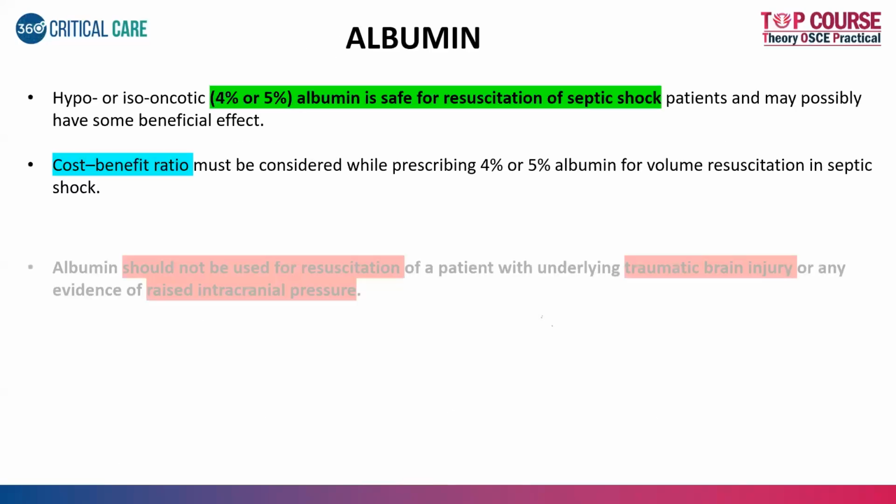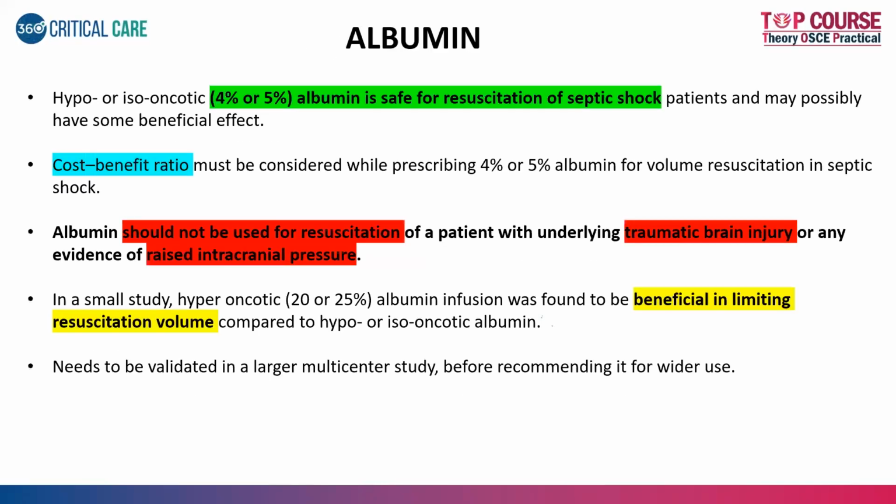Coming to albumin in fluid therapy, remember I told you earlier 4 to 5% albumin and 20% albumin. There is a huge difference. So there is always a problem with these fluids. What is the problem? 4 to 5% albumin is usually safe for septic shock patients, given the fact that they do not have any other issues like traumatic brain injury. Why?